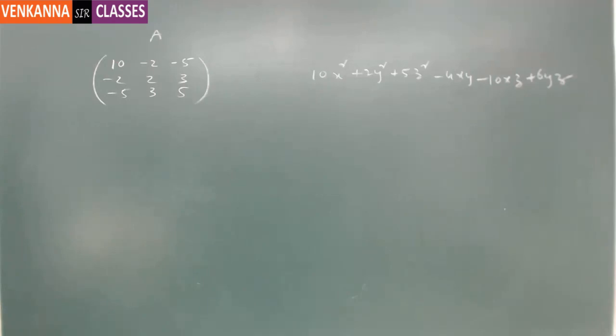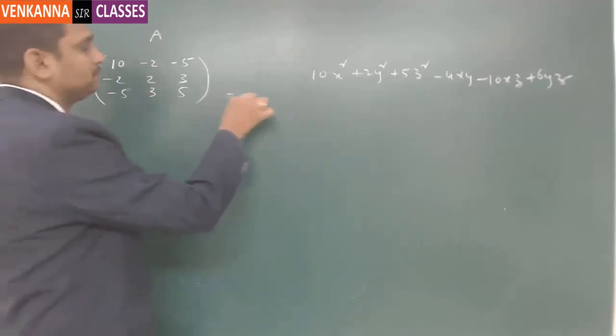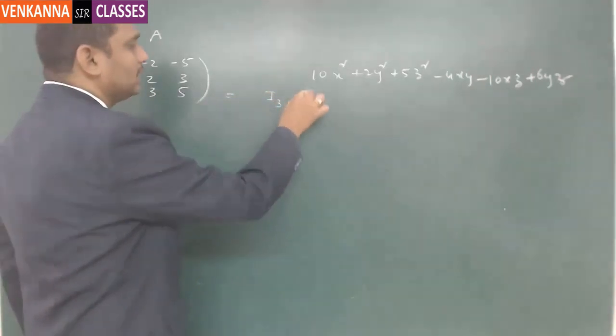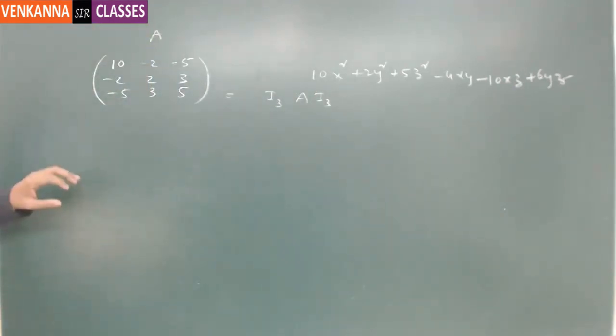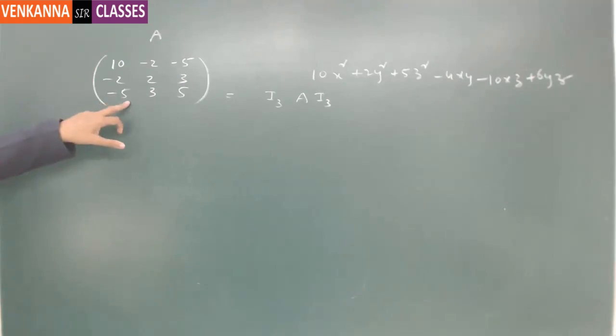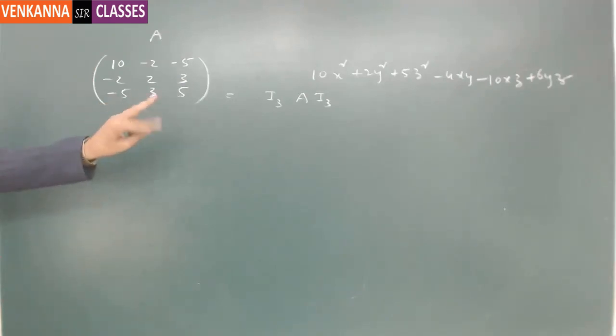Now, the interesting thing here is you are going to write this matrix as I3, A, I3. So this is the 3 by 3 matrix. I have considered two 3 by 3 identity matrices.